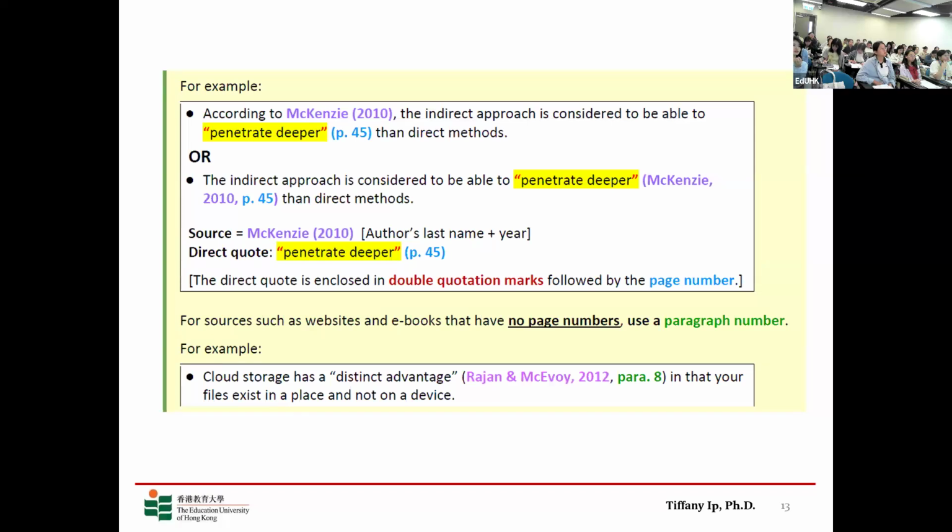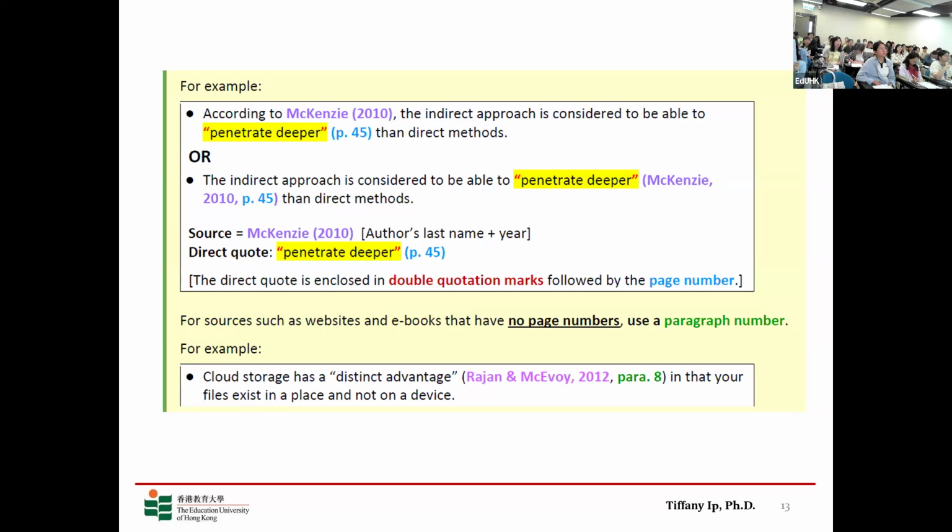So these two words are embraced by double quotation marks, and right after the quote you put the page number. Normally it goes right after the quote, not at the end of the sentence, unless the quote is at the end of the sentence. So there are two places you can put the page number. One is right after the quote, and the other, you see the or, is after the year of publication. As long as you put the page number within the same sentence that presents the quote, it is normally okay. Both are fine.